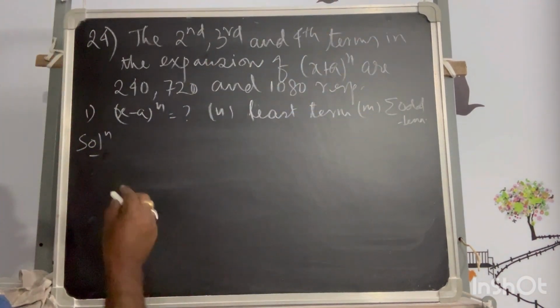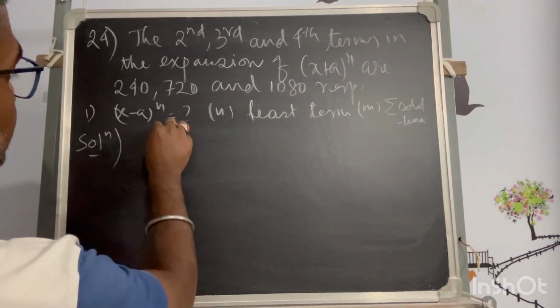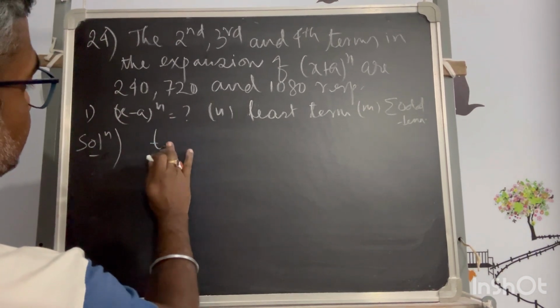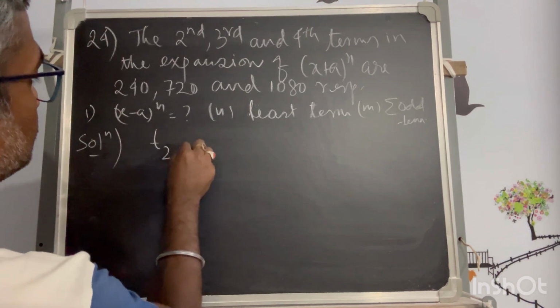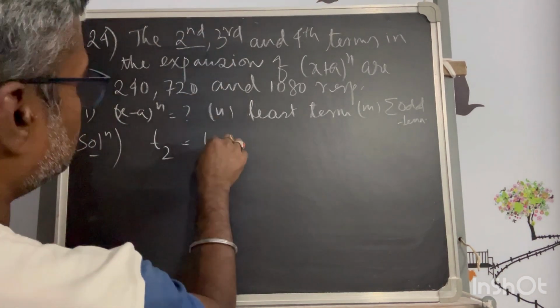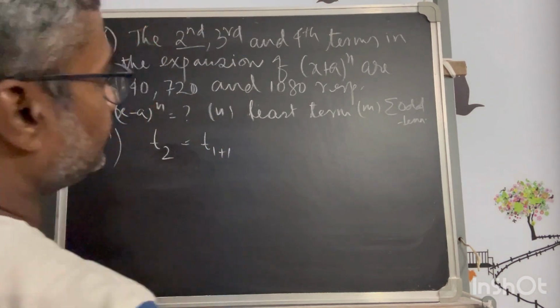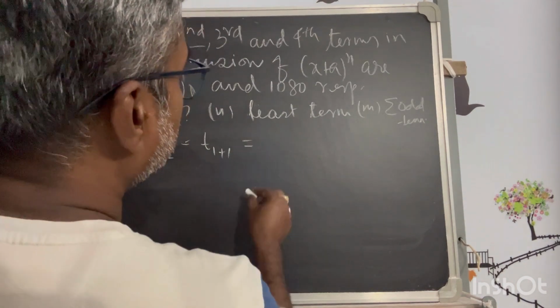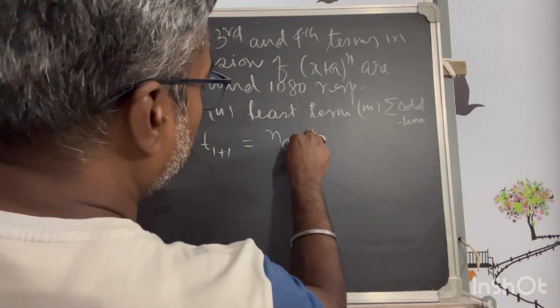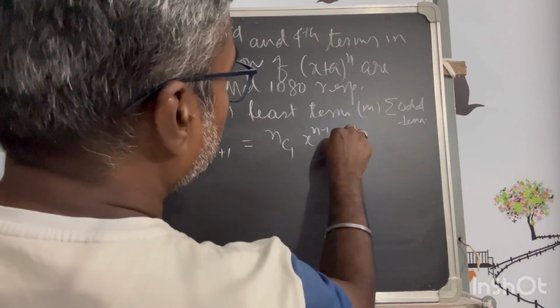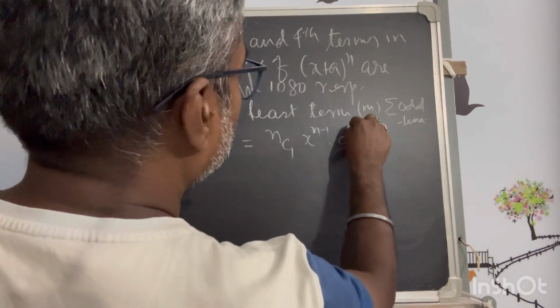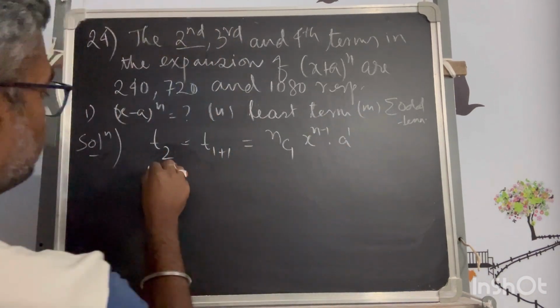So the first target is to get the second term. Second term means r plus 1, so I am writing it in the form T(r+1), which is equivalent to nCr x to the power n minus r and a to the power r. This is my first equation.